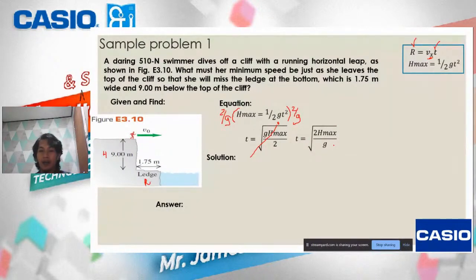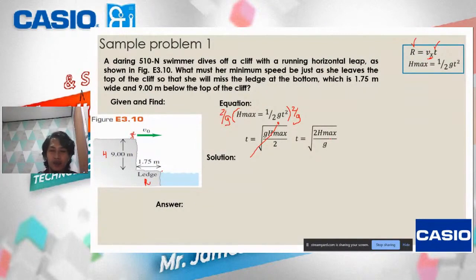Yan ang ating time o yung travel ng ating person para ma-meet na reach niya yung point na to. So since meron tayong time, we can substitute that value of time sa ating equation kanina na hinahanap natin yung ating initial velocity. Hindi natin mahanap dahil wala tayong time.